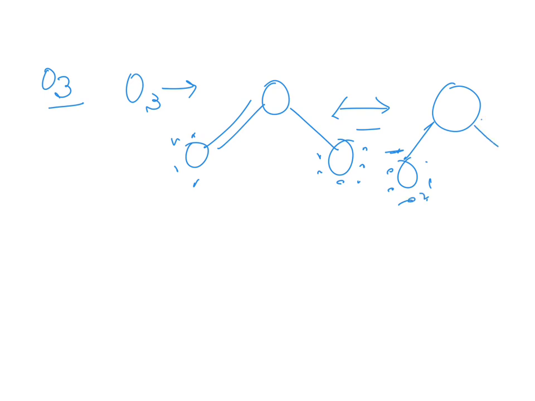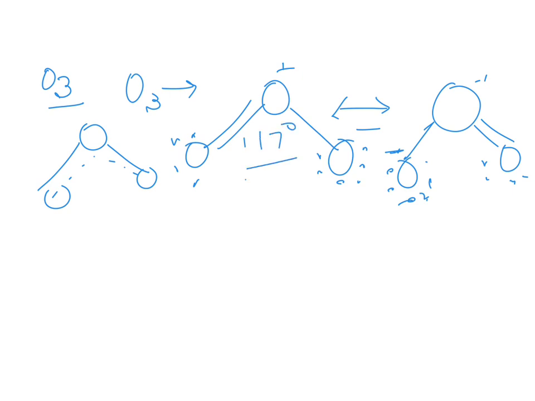Between the two resonating structures you can draw the resonance hybrid. The angle here is 117 degrees and the bond length is 128 picometer. As it has resonance, it has equal bond lengths.